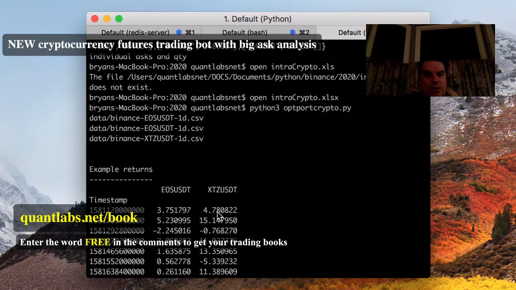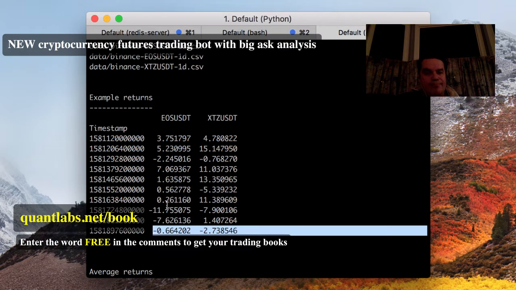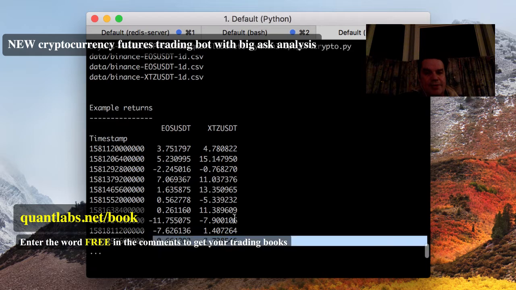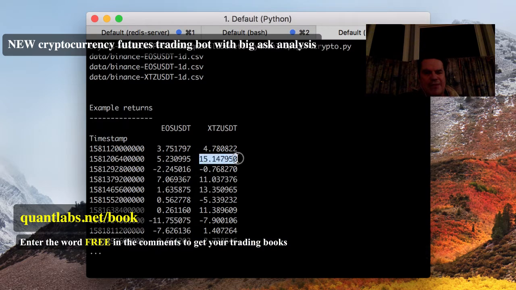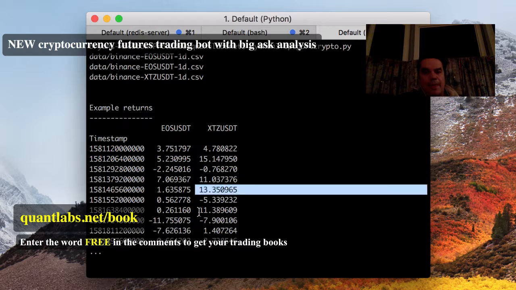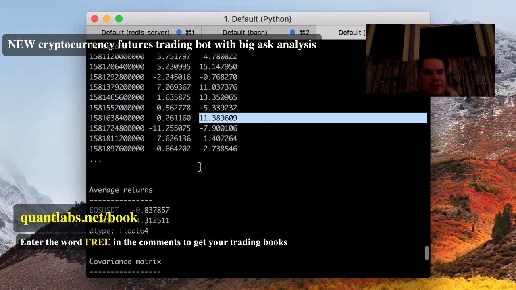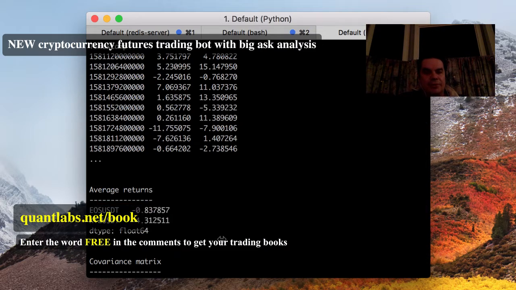Then it'll give you some sample return data on hourly data. This is the Unix timestamp, and you can see how volatile this is. In the last few hours we've got some great returns on XTZ, but it's still pretty volatile. So here are our average returns, okay?